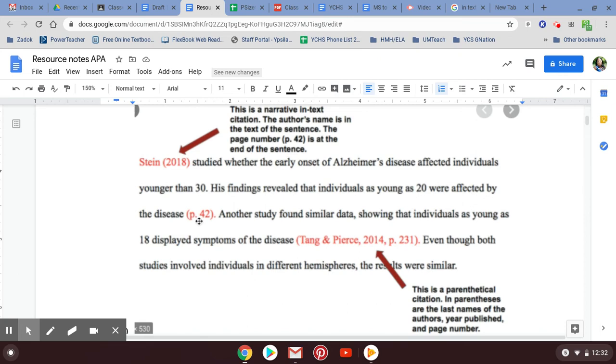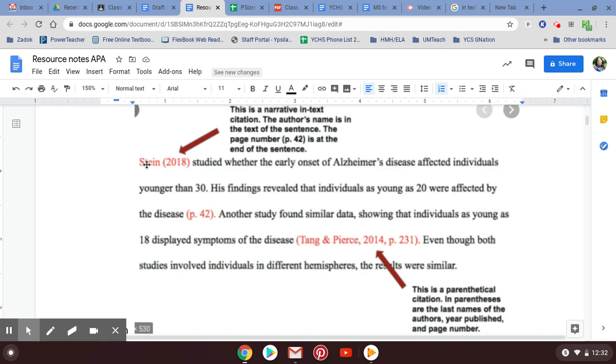2018 here, page number 42. Now notice I'm looking at another study. So I found data that was pretty much like what Stein said, and it showed different information. So now I'm giving the entire quote by saying this is from Tang and Pierce.